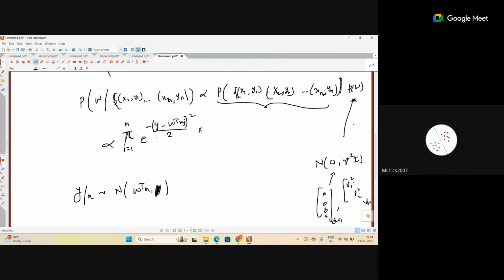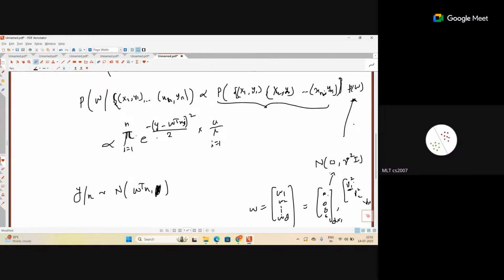Basically, what I'm trying to say is that this is again a product, of i equal to 1 to d, because this W is a vector w1, w2 up to wd, and each has mean 0 and variance gamma square.